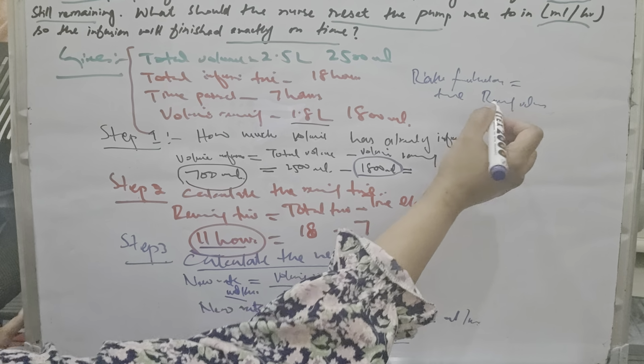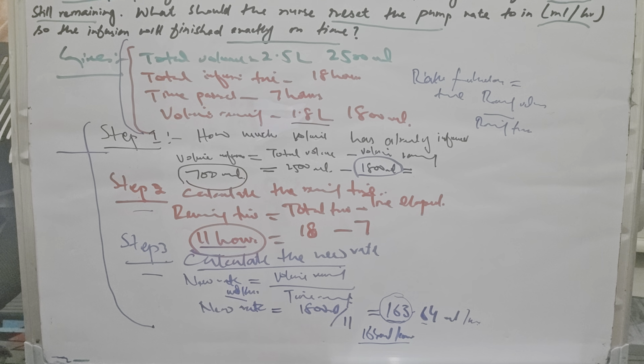So always check first what they give in the question, and then go step by step. Step 1, as I discussed, is how much volume has already infused. Step 2 is to calculate the remaining time, and step 3 is to use the formula to find the new rate in ml per hour that they ask for in the question.